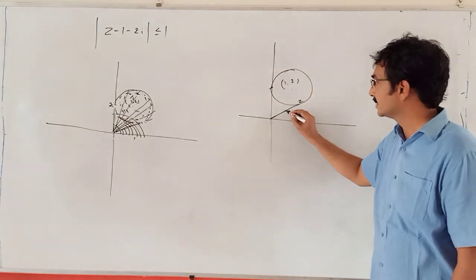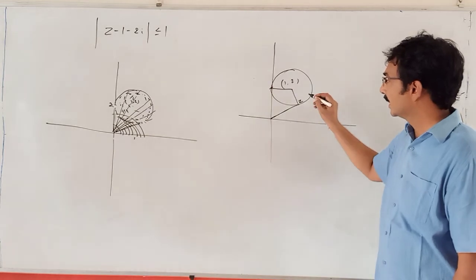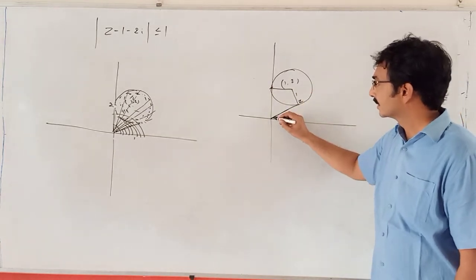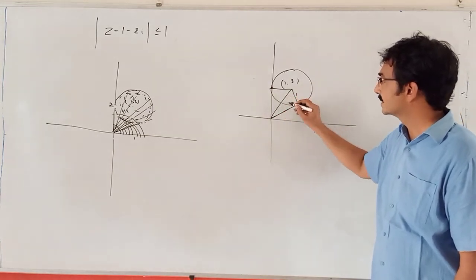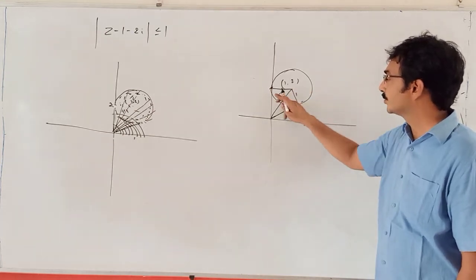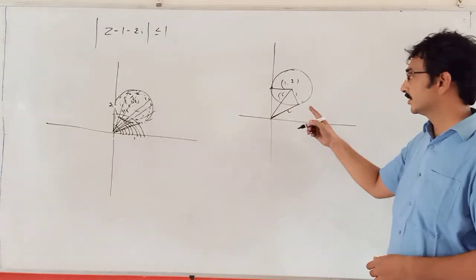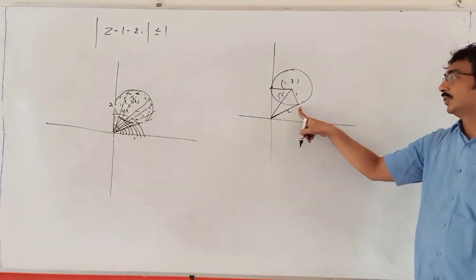See, this is the tangent, this is the normal. Radius of the circle is 1. Clearly this distance is root 5. So since it is root 5 and the radius is 1, this distance becomes 2. What do we do?